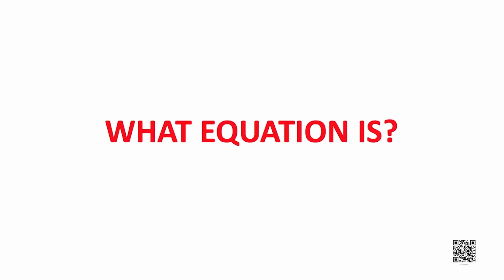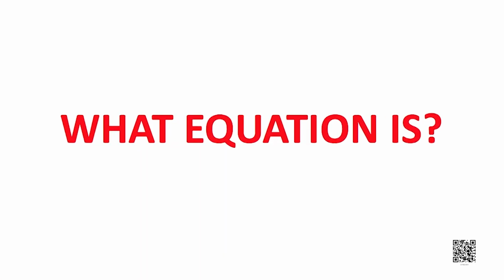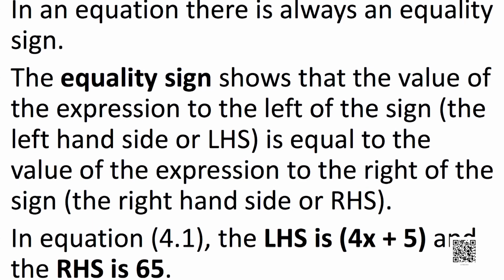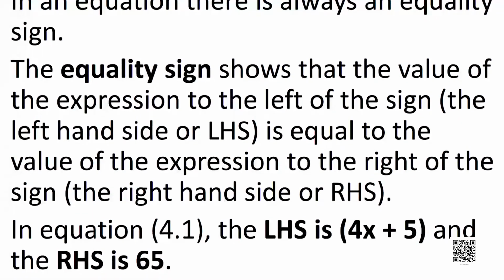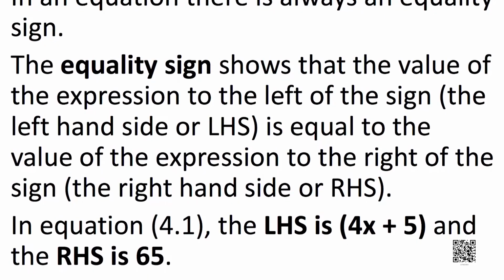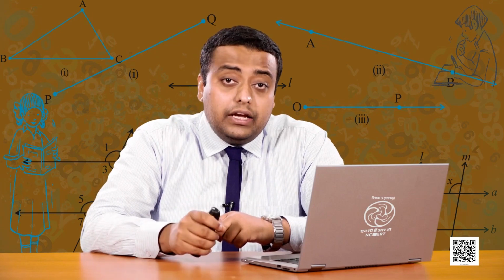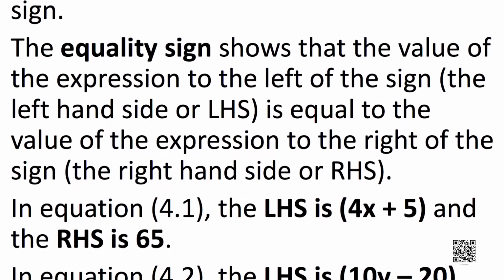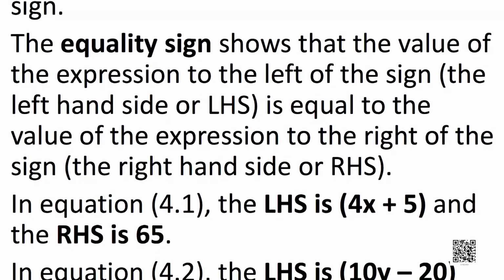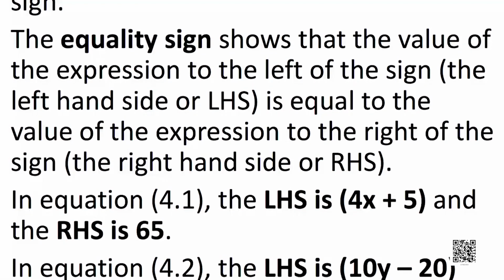This brings us to the question of what an equation is. In an equation, there is always an equality sign. The equality sign shows that the value of the expression to the left of the sign, the left hand side or LHS, is equal to the value of the expression to the right of the sign, the right hand side or RHS.